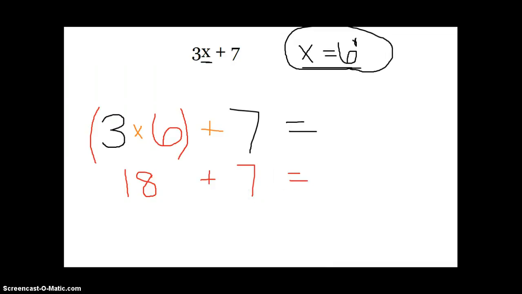Give you a couple seconds for that. And our answer there is 25. So when we changed our variable and changed it to 6, our answer was 25. Good. Let's work on one more problem, and then you should be able to do it on your own.